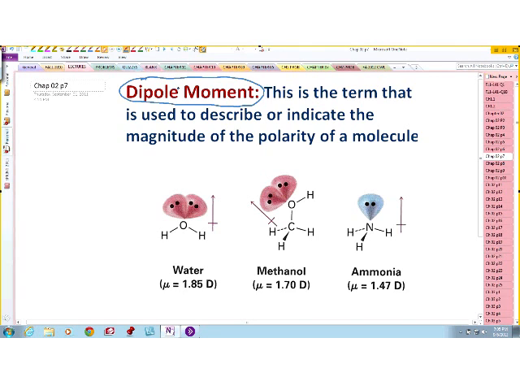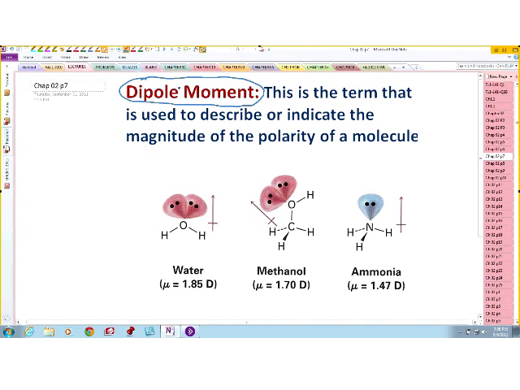So, we could actually determine the net polarity, which we refer to as dipole moment, for a given molecule. So we ask, does this molecule have a dipole moment? In other words, is it a polar molecule? That is important because it could determine whether the molecule will be soluble in water or soluble in organic solvent.